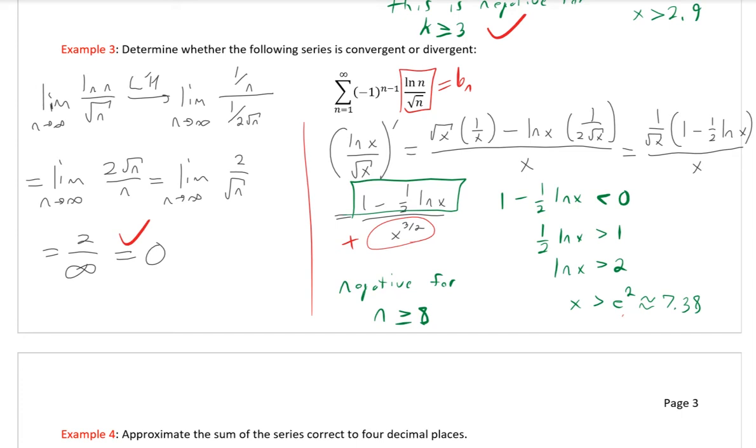You could also say it's negative for n is greater than 7, or you could say negative for n is greater than or equal to 8. Either one says the same thing. However you like to say it, we then have, by the alternating series test, this series converges because both of our conditions were validated.